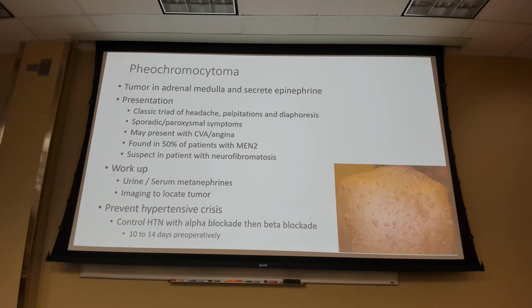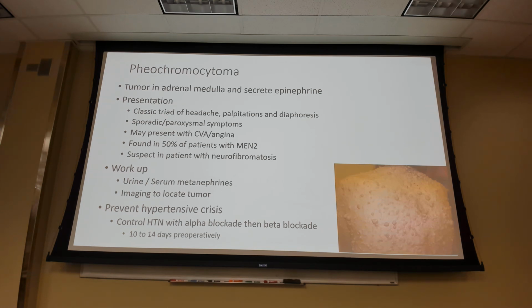We need to do our urine and serum metanephrines, and then we need to do imaging to locate the tumor. We want to control their hypertension to prevent a hypertensive crisis. It's important that we control them first with an alpha blockade, because if we have unopposed beta blocker, we worry about alpha vasoconstrictive activity that can lead to a severe crisis.